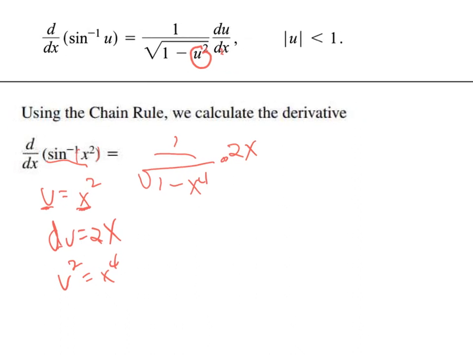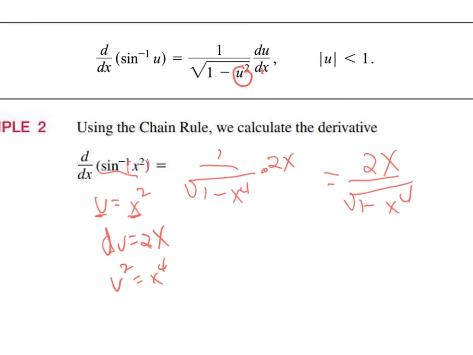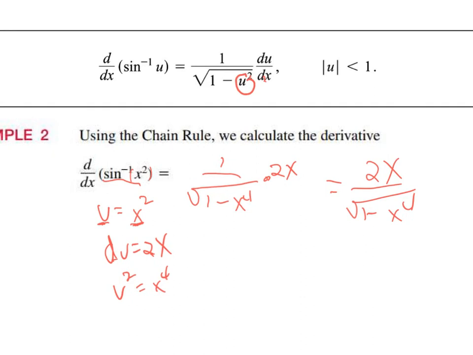So it would not surprise me if you would leave the answer as 2x over the square root of 1 minus x to the 4. So you could look at a table of values or a table of formulas and say, oh, I can do that without doing any calculus. Let's see if here it matched it perfectly.